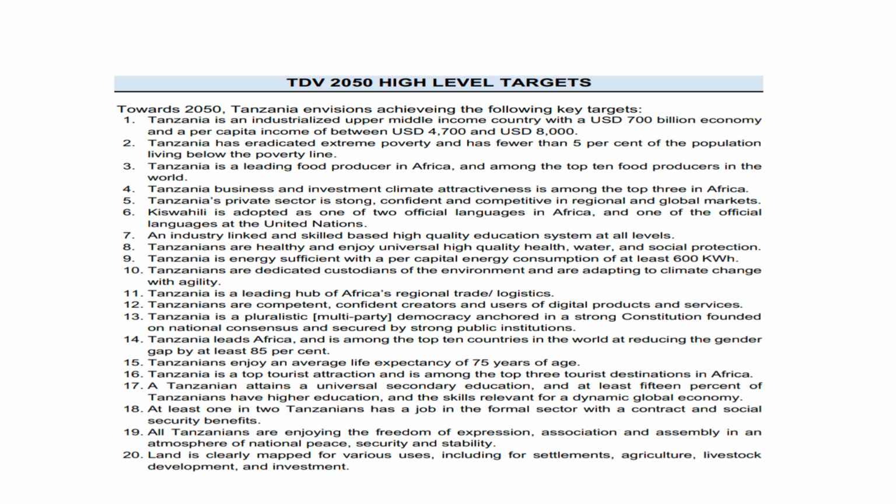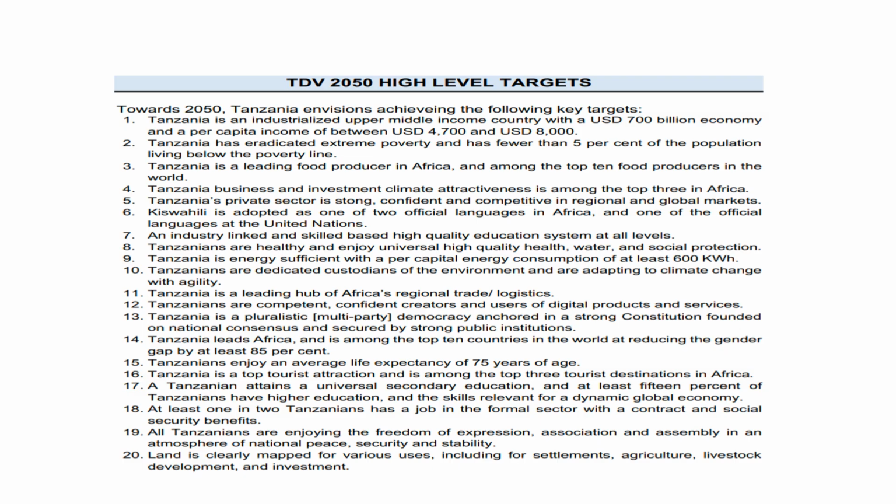So you can see it is targeting all aspects. At least 1 in 2 Tanzanians have a job in the formal sector with a contract and social security benefits. So addressing the unemployment and underemployment challenge.